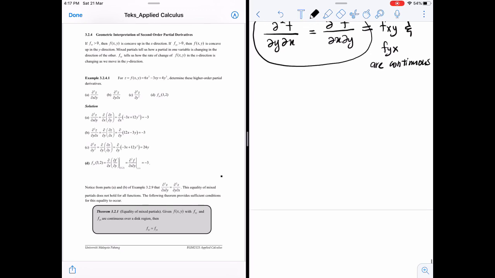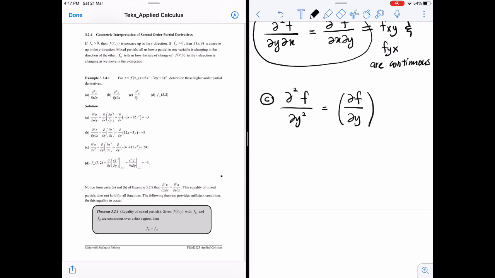Okay, let's see question C. Question C asks us to find the second partial derivative of f with respect to y. This means that we need to differentiate f with respect to y 2 times.